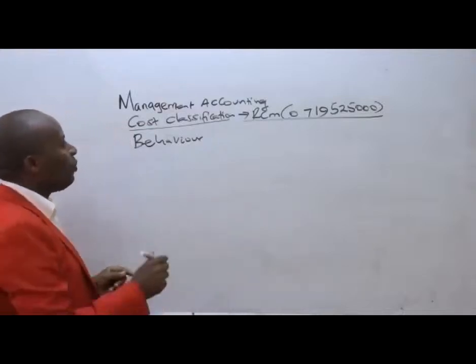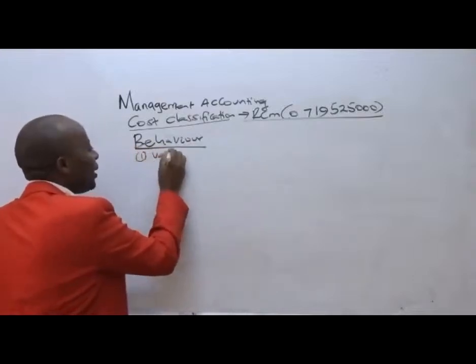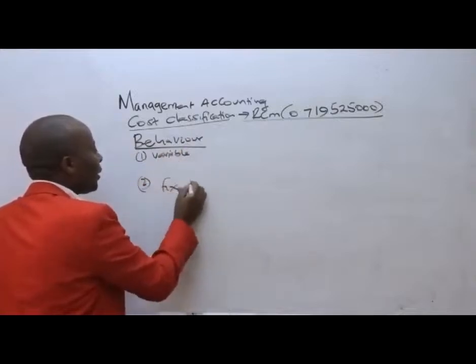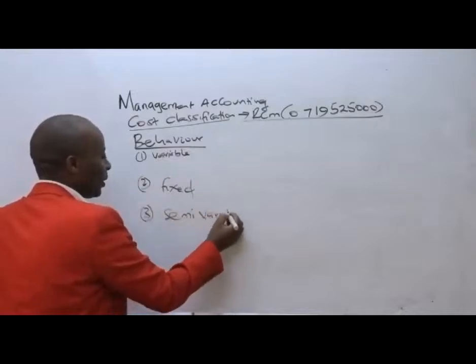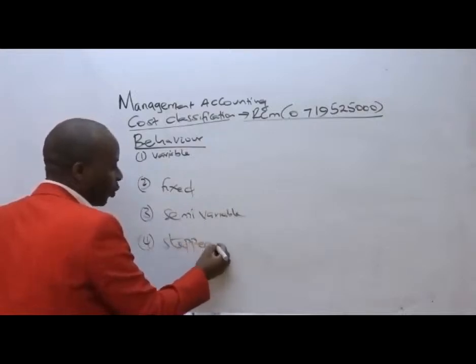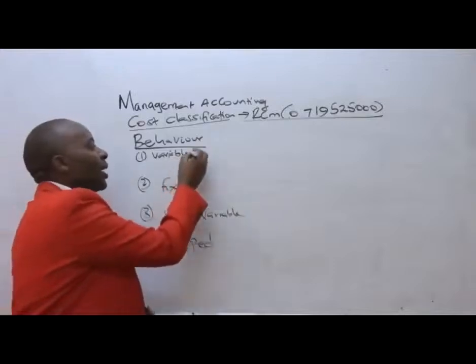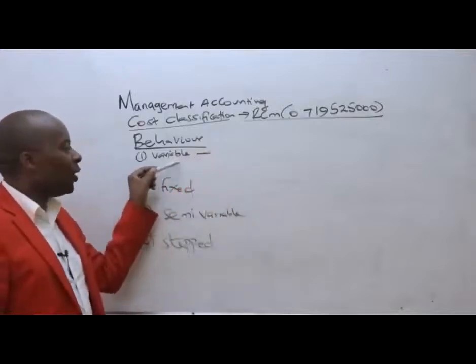So in terms of behavioral classification, ladies and gentlemen, we have costs that are variable. We have costs that are permanently fixed. We have costs that are semi-variable. We have costs that move forward in form of steps, what we call the stepped fixed cost. Ladies and gentlemen, variable cost, I would want you to appreciate from the word vary.